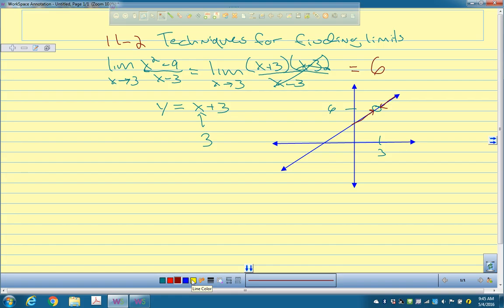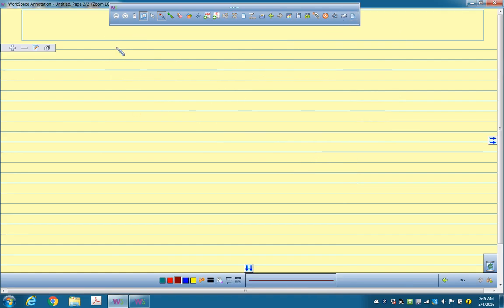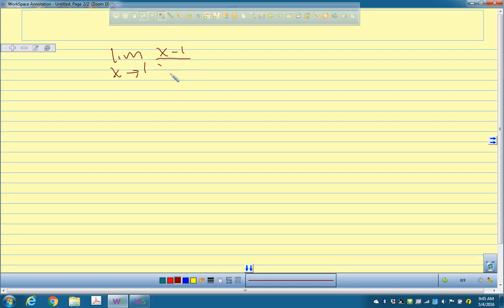So what if this is one that you may or may not remember how to do. What if I have a cubic function? The limit as x goes to 1 of x minus 1 over x cubed minus 1.